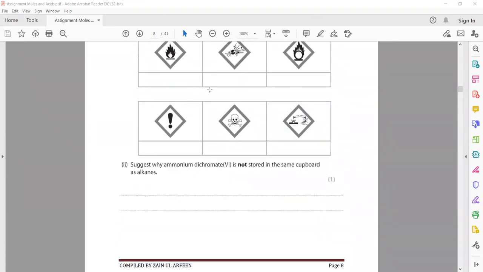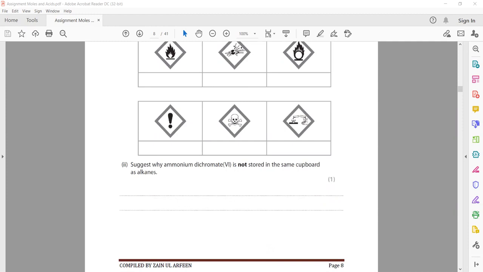Suggest why ammonium dichromate is not stored in the same cupboard as alkanes. As I already mentioned, it can cause the combustion of flammable substances, or it is oxidizing. So it is an oxidizing agent. It can help or promote burning of alkanes.